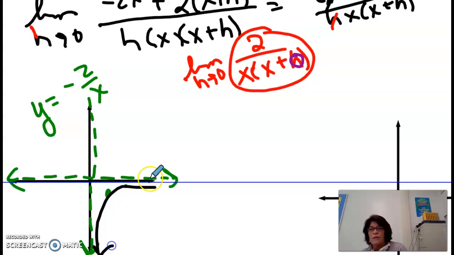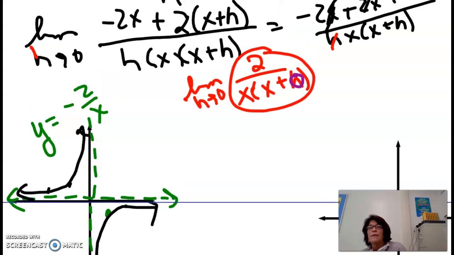It's this loop-de-loop here. And on the other side, when I put negative 1 in, negative 2 over negative 1 is positive 2. When I put negative 2 in, I get positive 1. So I have something like this.